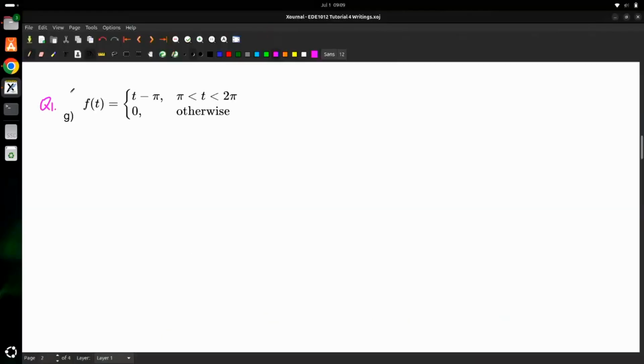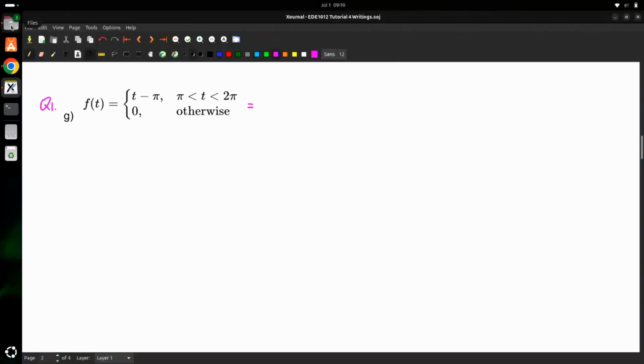1G is a piecewise defined function, meaning to say it is defined by different functions over different intervals. So you just need to rewrite it into the unit step form using the unit step function. So this function, you have to turn on, turn off.